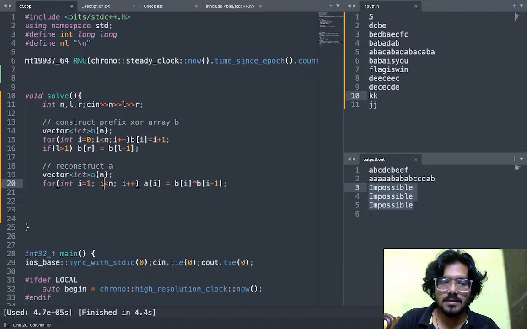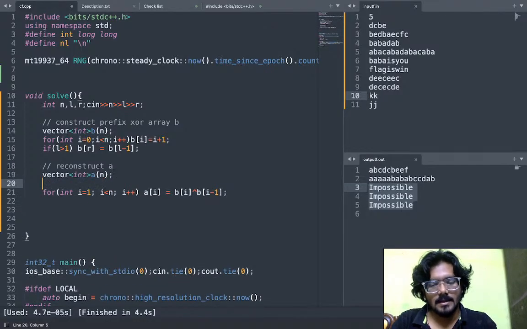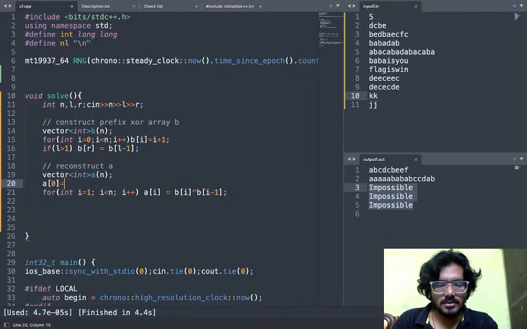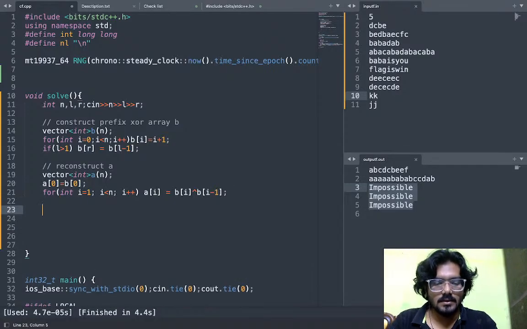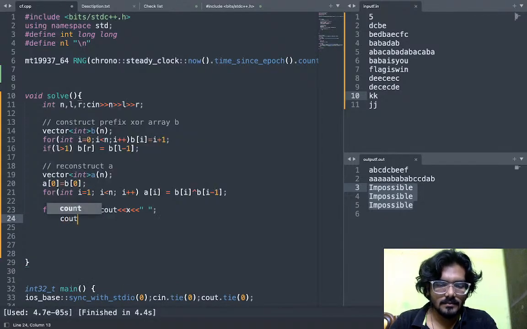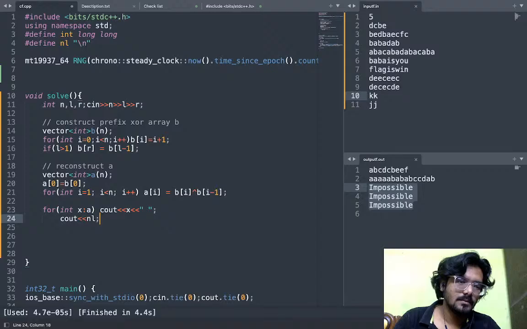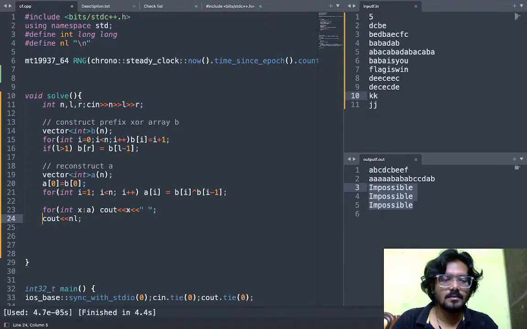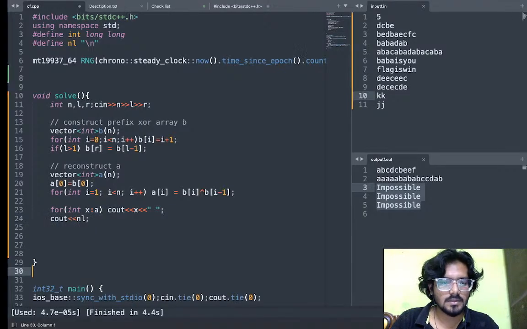What should be present at A0 should be equal to B0. Simple. If we print, I think this is done.